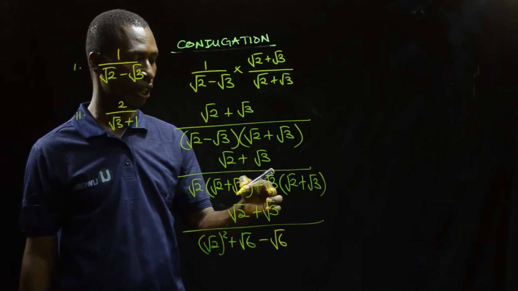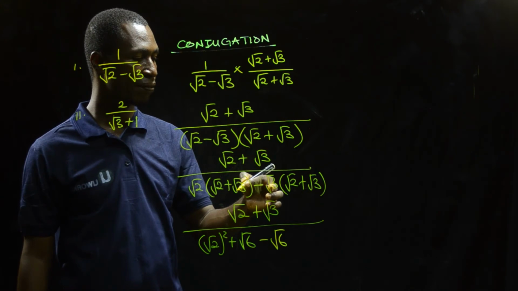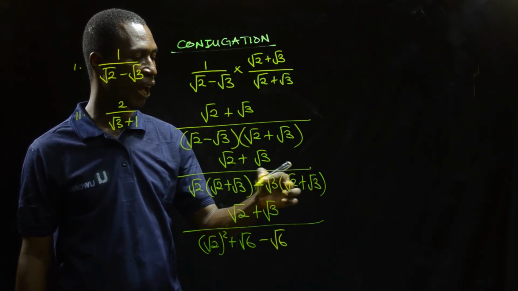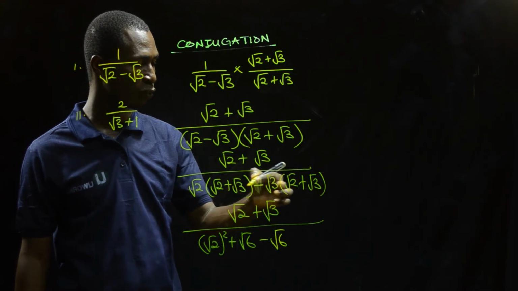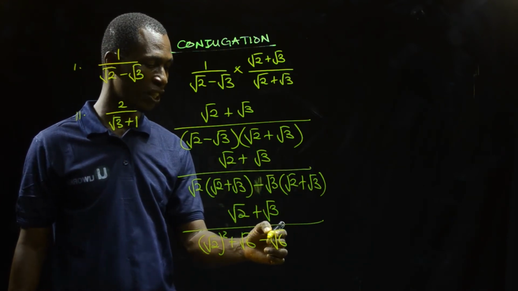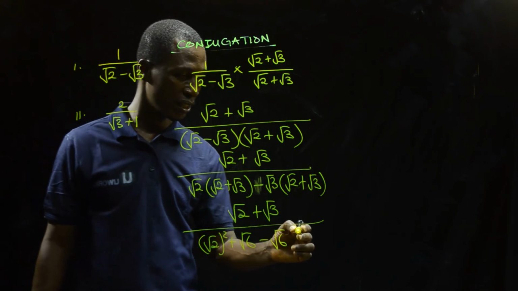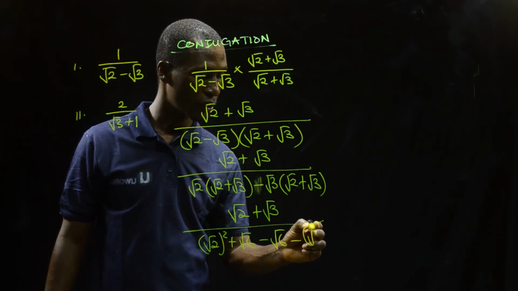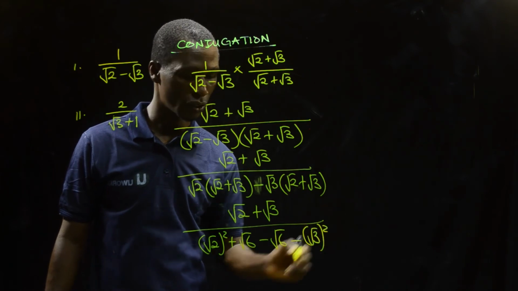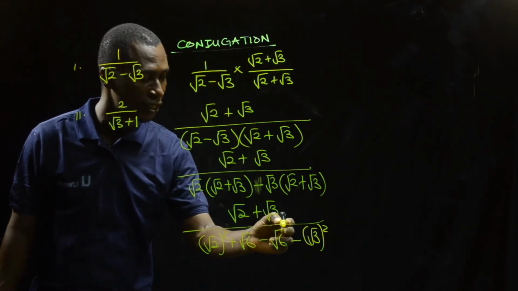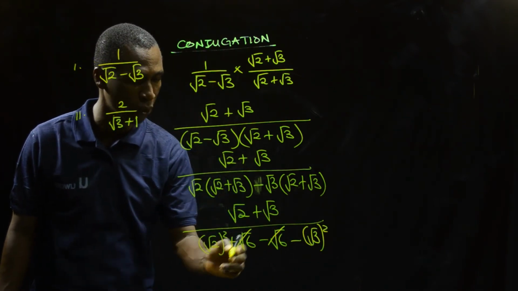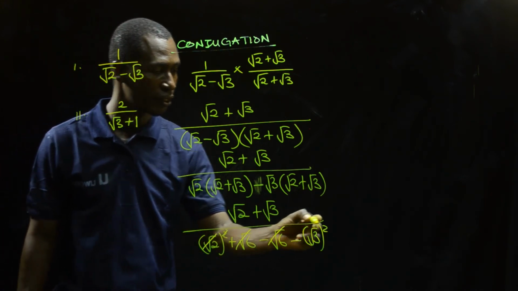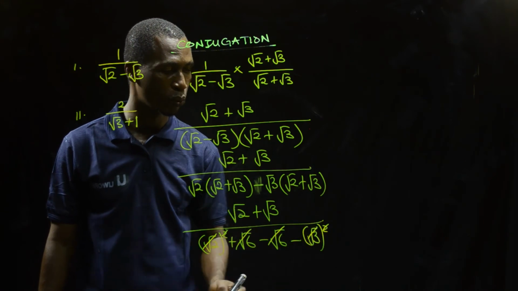Look at it here, 3 and 2, that is root 6. One is negative, one is positive, so the negative will remain, so it becomes negative root 6. Then negative root 3 squared. Good. Now this is negative, it will clear the positive. The power will blow the root sign.